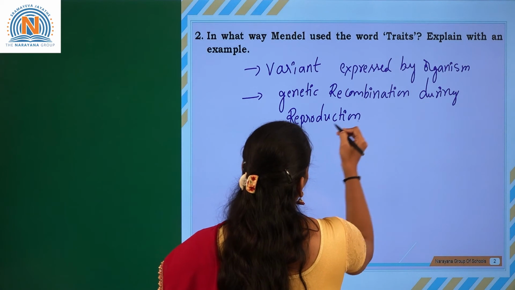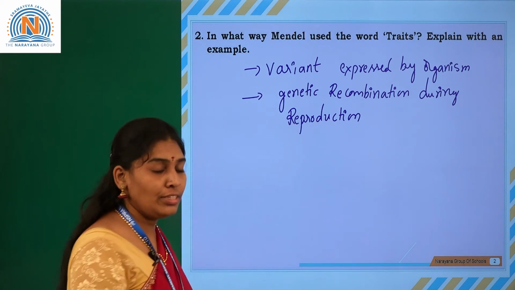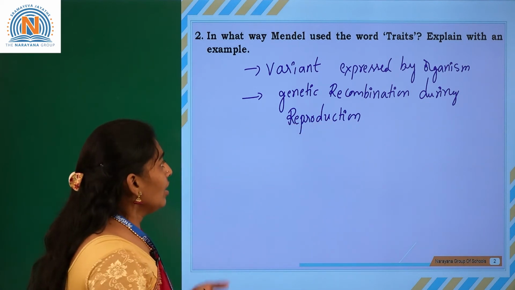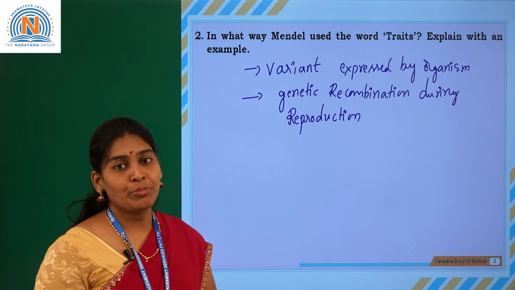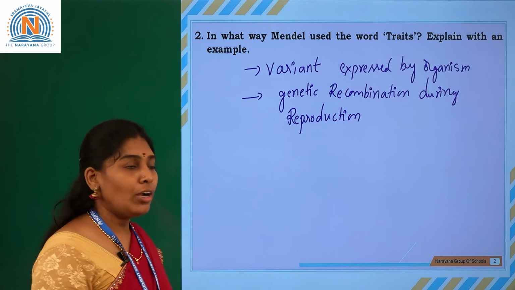These variations are very helpful for the organism to survive. And a pair of factors which are responsible for a character are called genes.